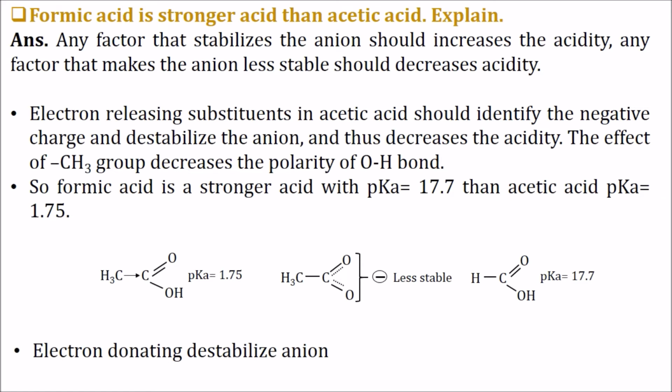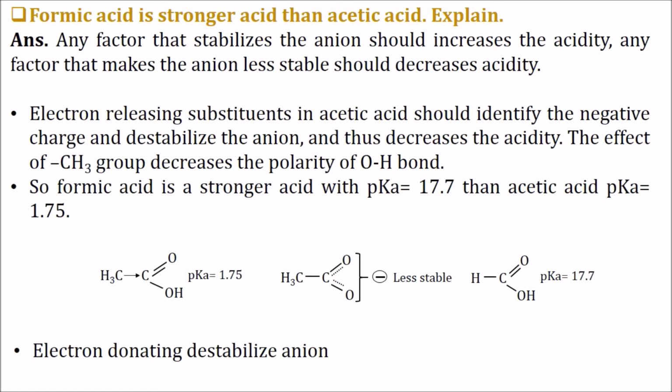Second question: formic acid is a stronger acid than acetic acid. Explain. Any factor that stabilizes the anion should increase the acidity, and any factor that makes the anion less stable should decrease the acidity.